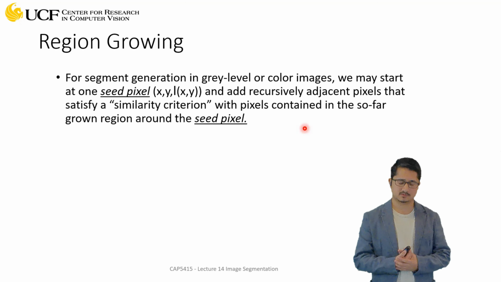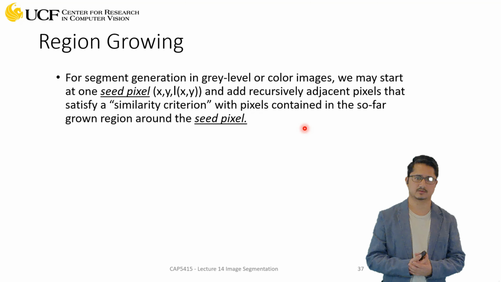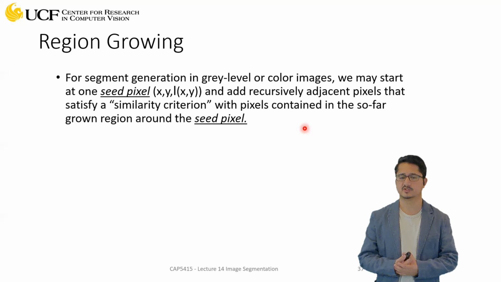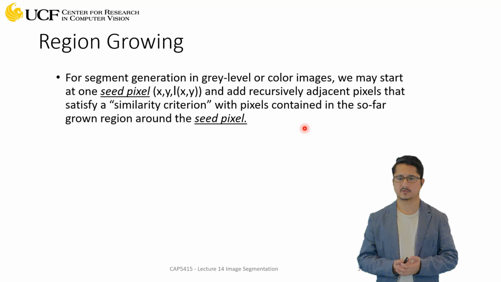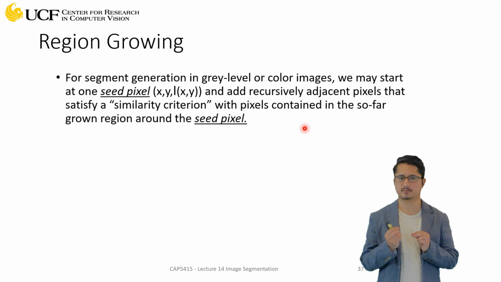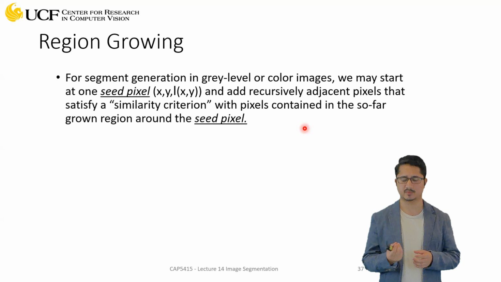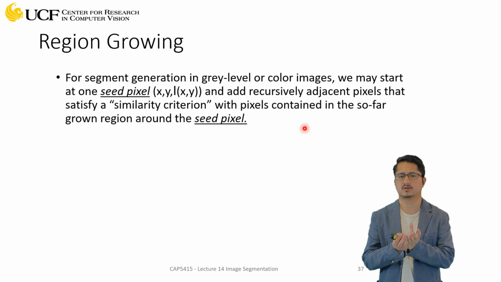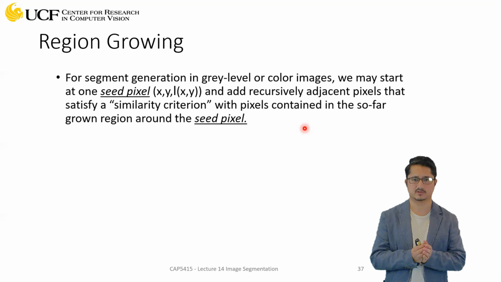So the first one is region growing, and the idea here is we'll just rely on the color information, or the pixel intensity for now. What we do is we start from any random pixel, which we can call a seed pixel, and we look at the intensity of that pixel, or the color if it's a colored image.